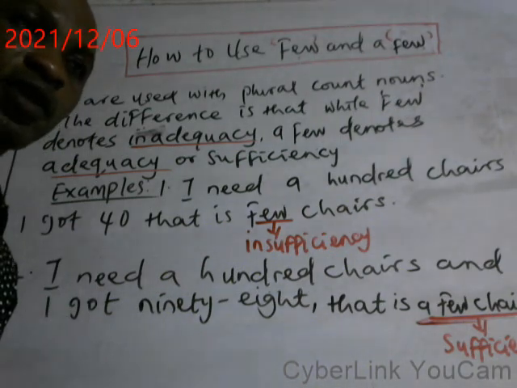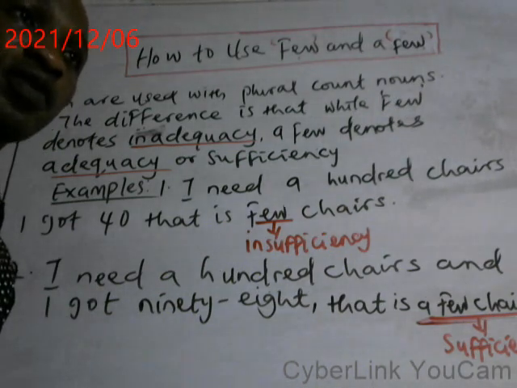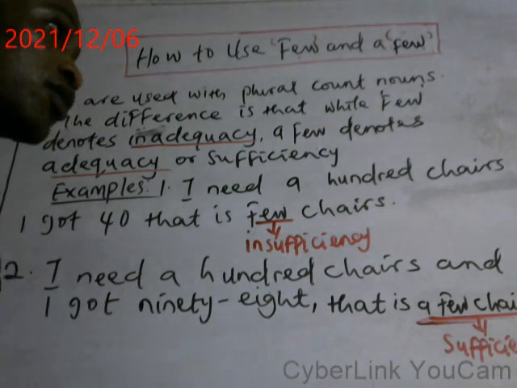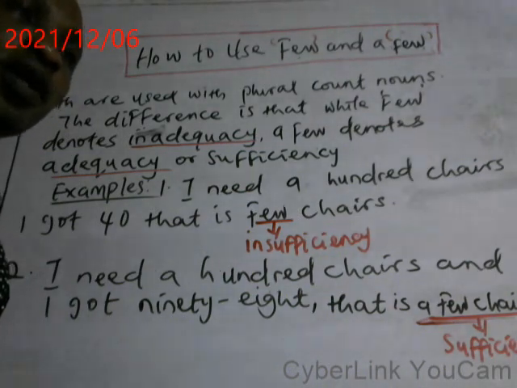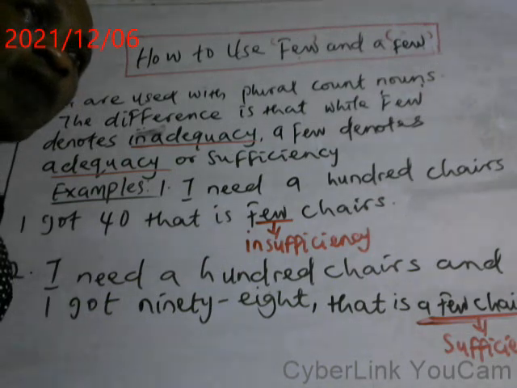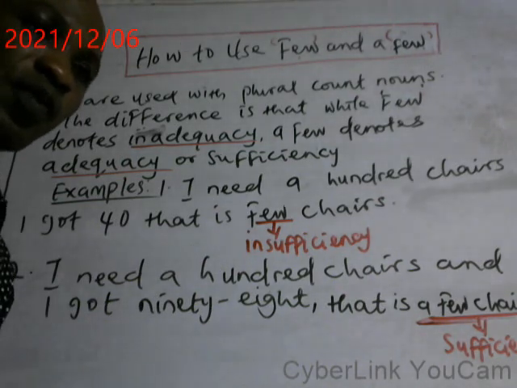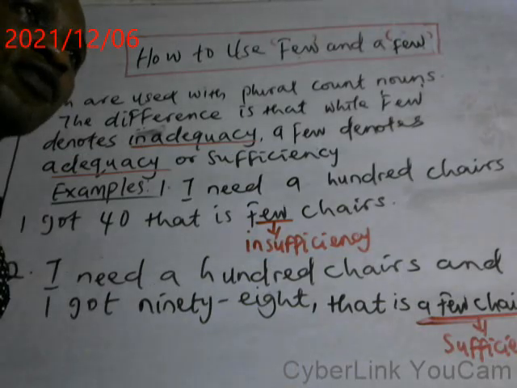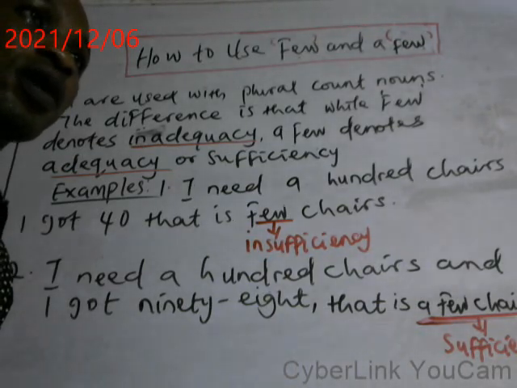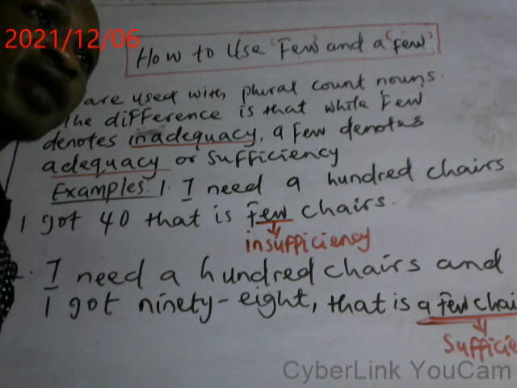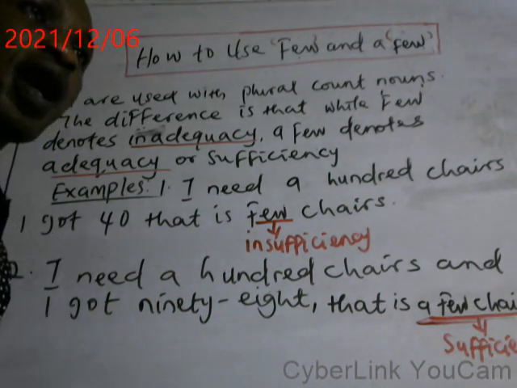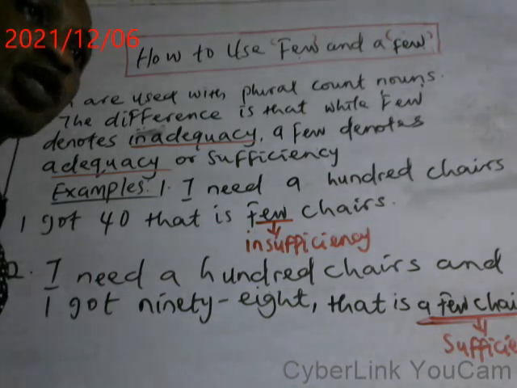You know, chairs can be counted. It's a countable noun. We can really count the numbers of chairs. I said I need 100 chairs, but out of 100 chairs, I've gotten 45, meaning that I still have 55 left. Then the number of chairs I've gotten is not enough for what I need. In that sense, I can say I have few chairs.